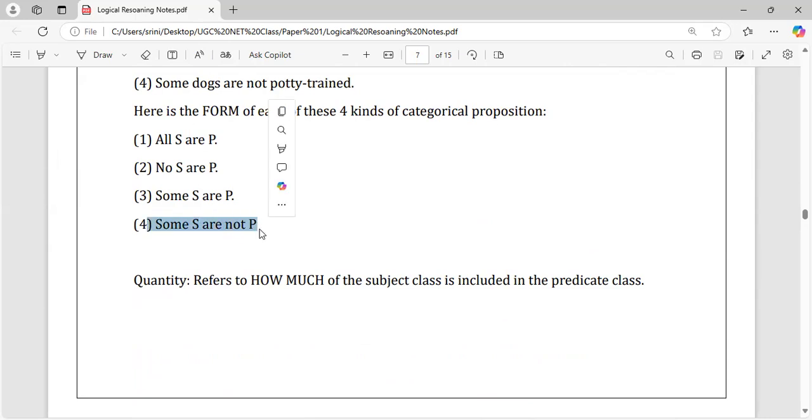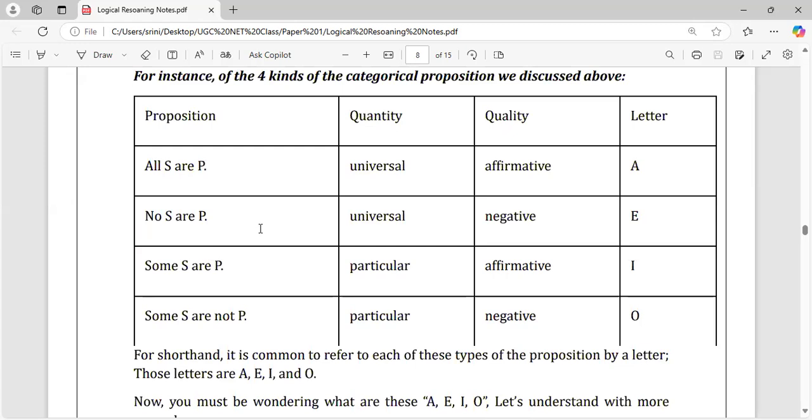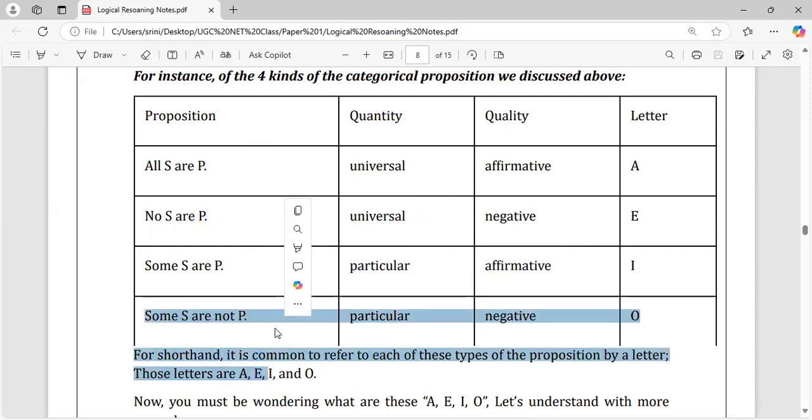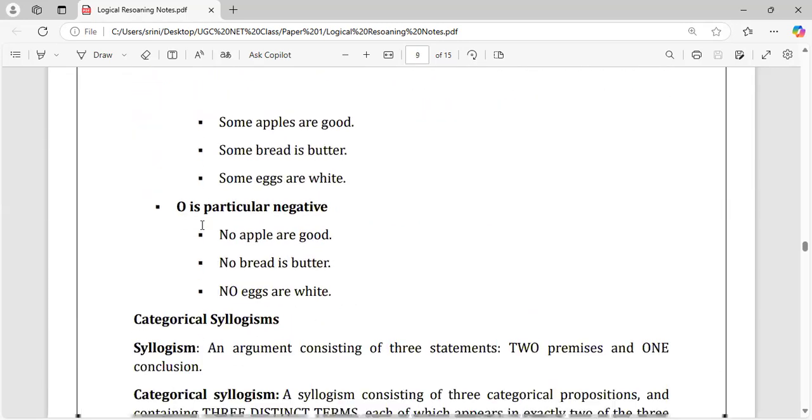This is quality, yes or no. Then the letters A, E, I, O. All S are P: quantity universal, quality affirmative, positive, and A is the letter we use in the square of opposition. No S are P: universal quantity, negative quality. Some S are P: quantity particular, quality affirmative. Some S are not P: quantity particular, quality negative.